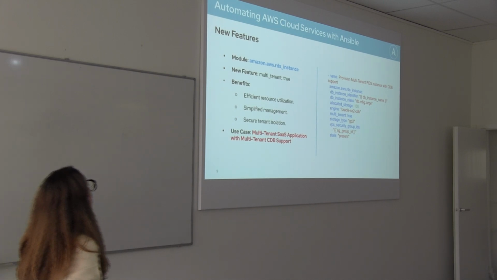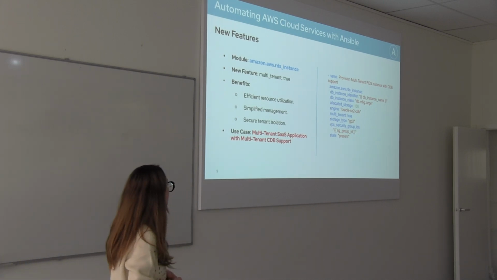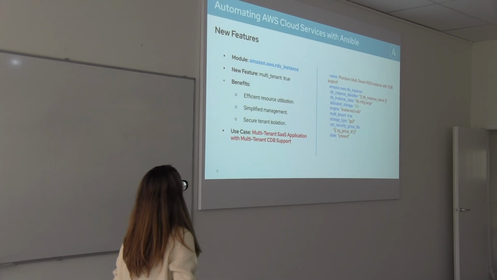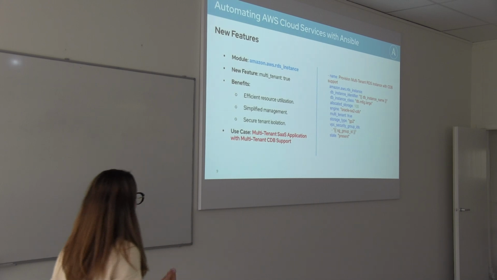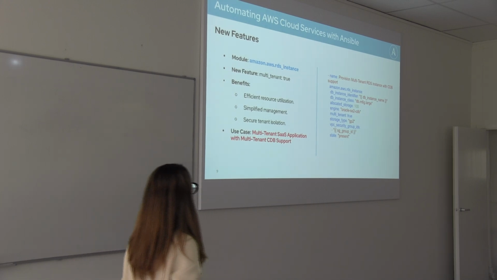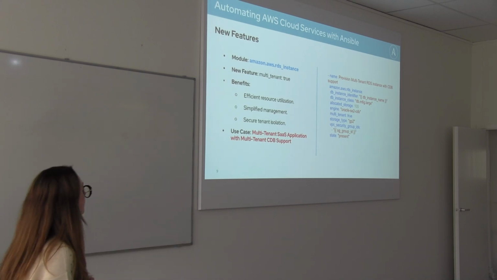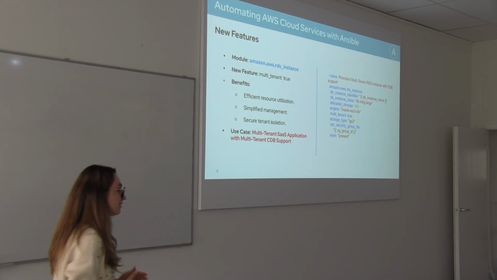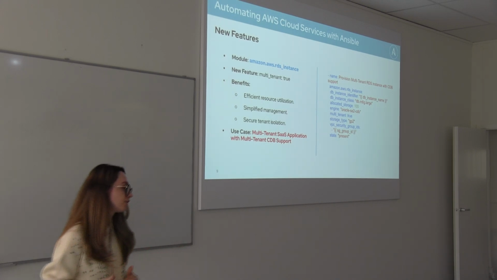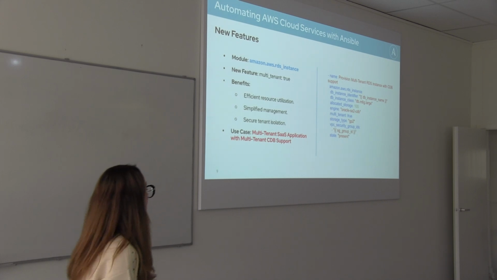The next one is for the RDS instance, and this is also a pretty interesting new feature. Now the RDS instance module allows you to create multi-tenant container databases. These kinds of databases are used for multi-tenant software as a service applications.